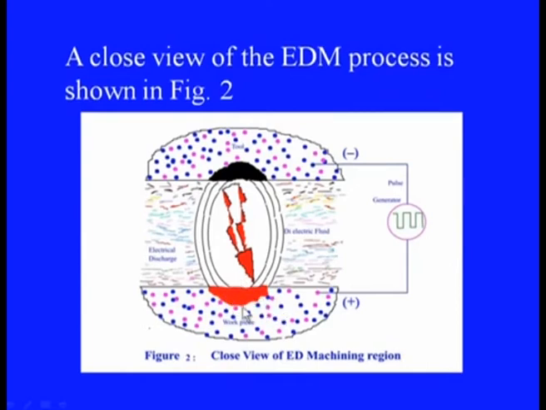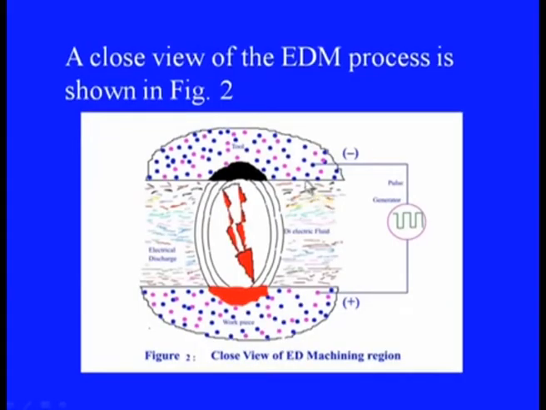This melted and evaporated material gets dislodged from this zone, and as this dielectric will be kept on flowing continuously, this flowing dielectric will quickly carry away this molten material as debris. Of course, there are some other phenomena that take place here. Some of the molten or semi-molten material gets stuck to this tool surface as well, that we will see in the latter part of this session.